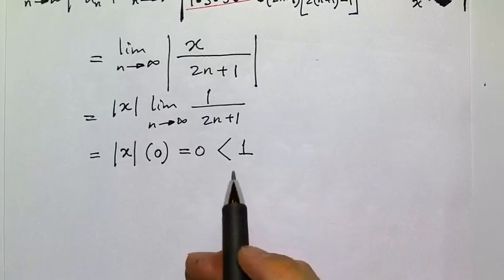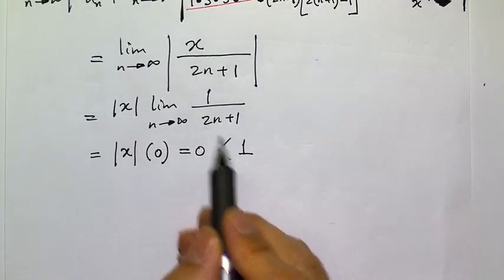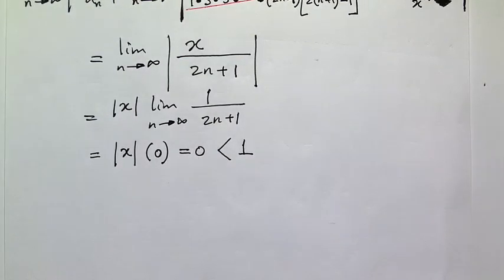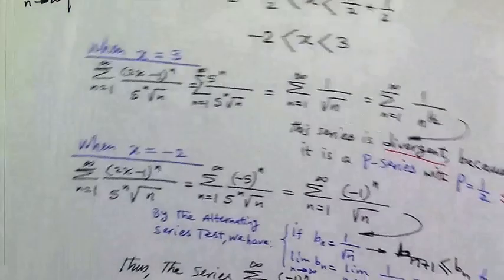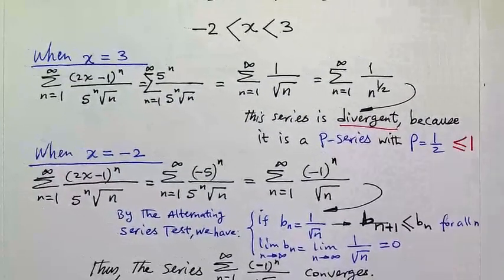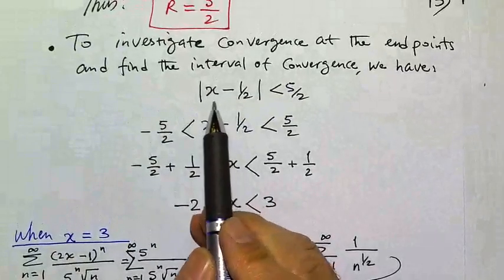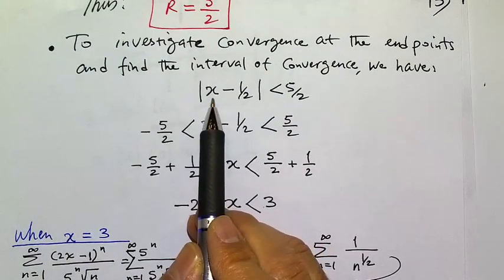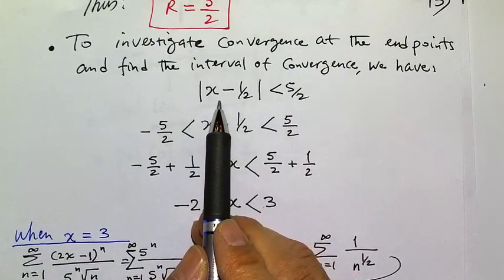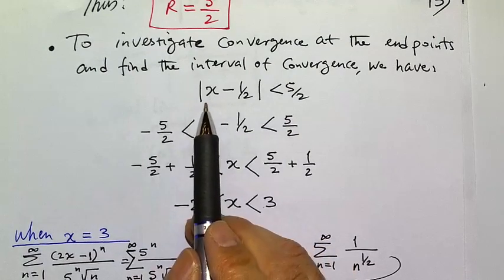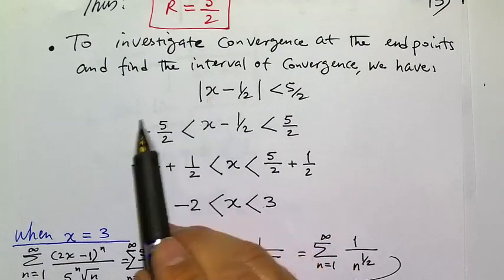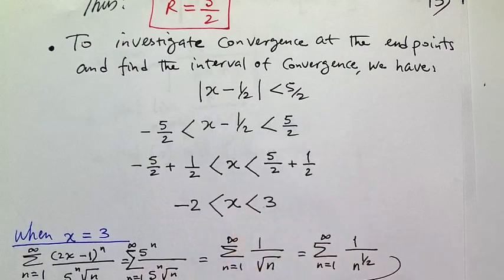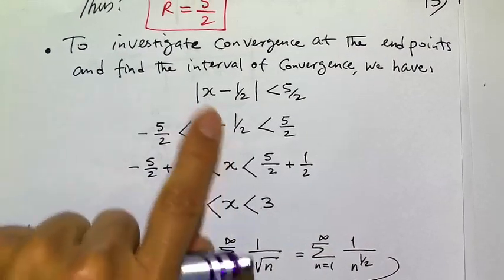And the direct result of this, of course, is that this result is independent of x. In the previous example and a bunch of other ones that we did before, the result depended on x. So we had to determine the convergence of the endpoints as well as the interval that was already established.